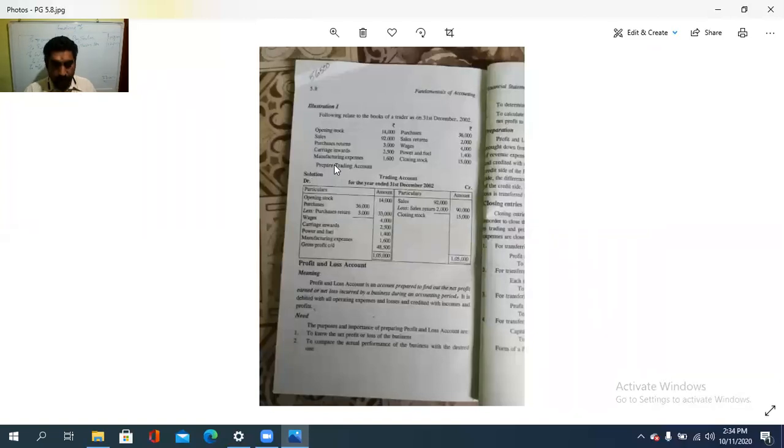Opening stock is there, purchases less returns, and all the direct expenses for the production process, that is, towards the finishing of a particular product. Those direct expenses should also be debited, and the credit side goes for the sales less returns and the closing stock. The balancing portion we will see in the next class.